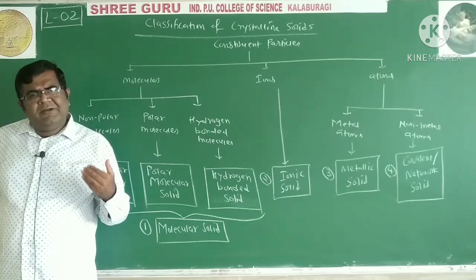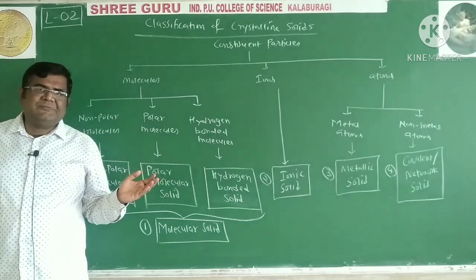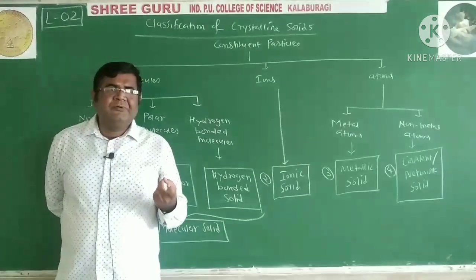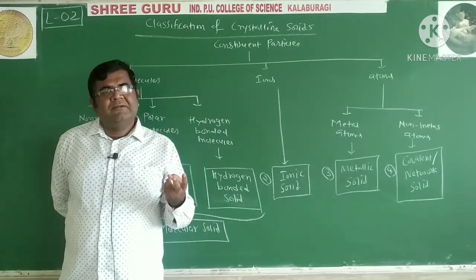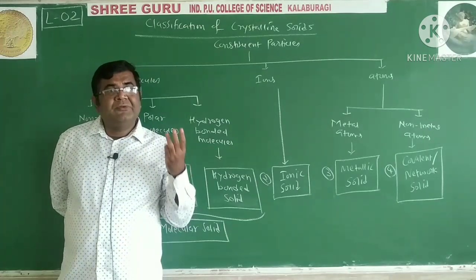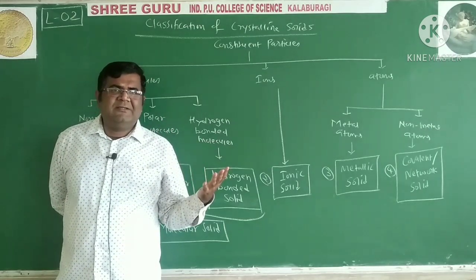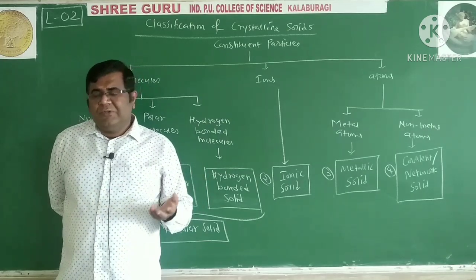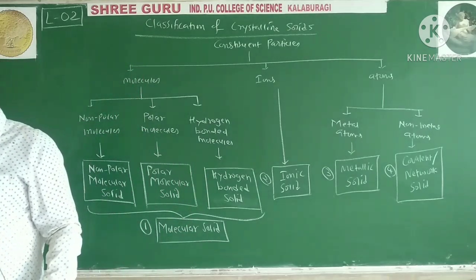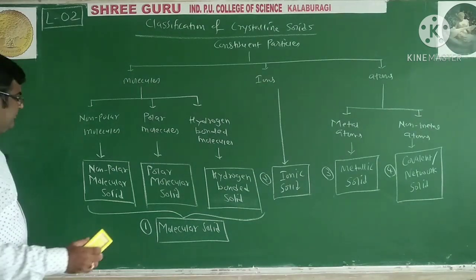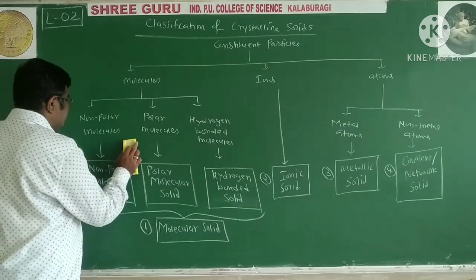Every crystalline solid is different from one another in constituent, binding force, melting point, conductivity, and hardness. We have to see examples also. So we'll see these crystalline solids one by one. We start with the molecular solids.